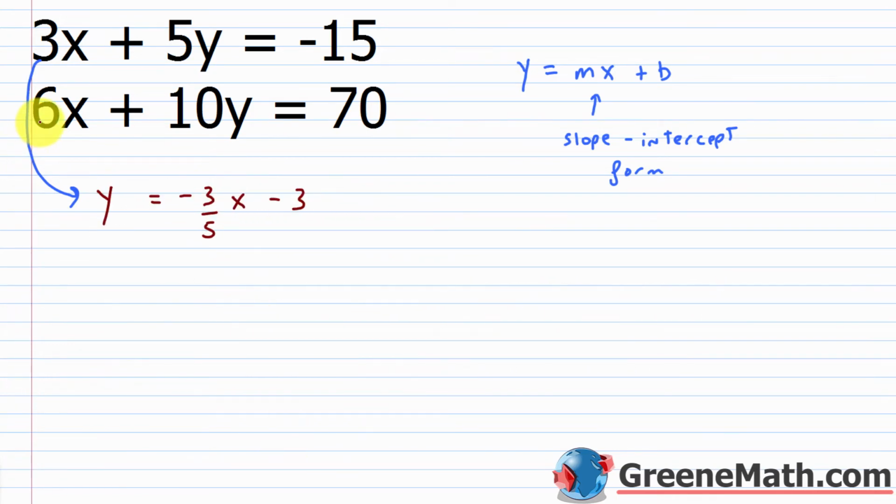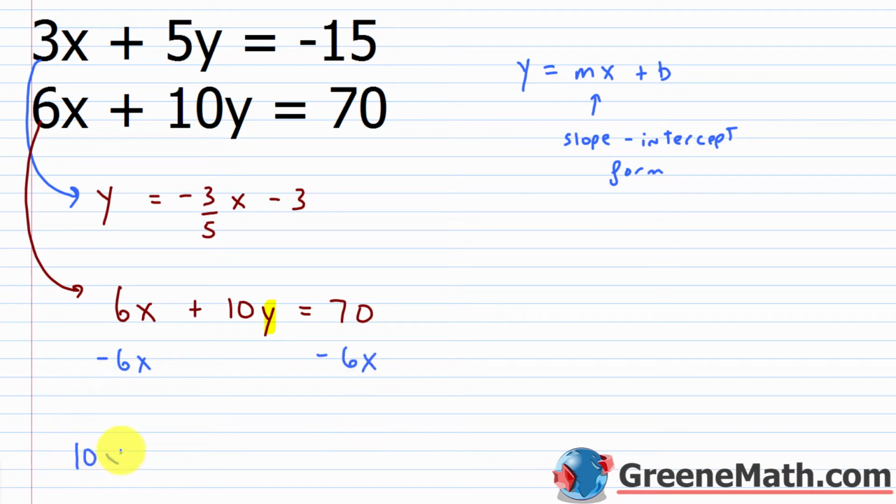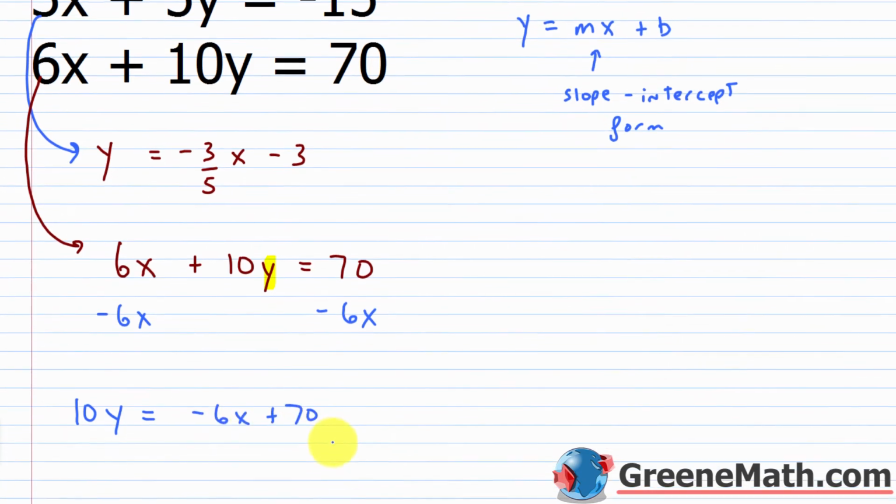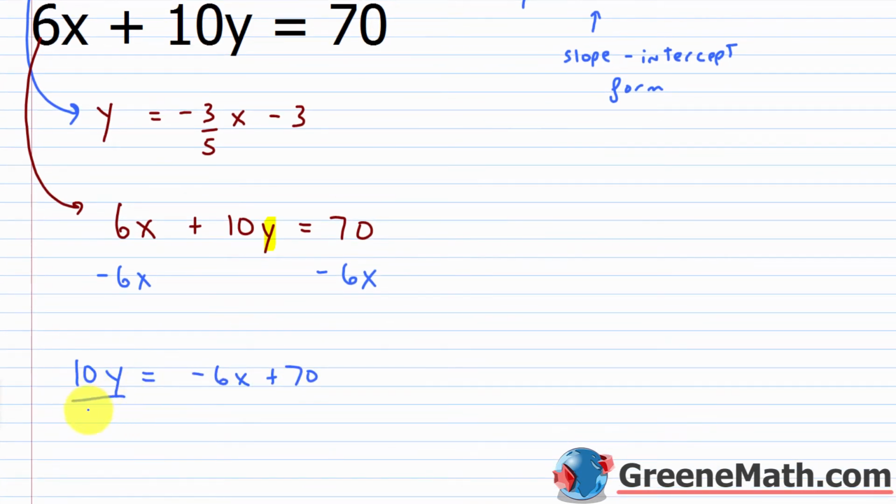Okay, let's take a look at this one now. So 6x plus 10y is equal to 70. To solve this for y, I'm going to subtract 6x away from each side of the equation. So that's going to give me 10y is equal to negative 6x plus 70. I want y by itself, so let's divide both sides of the equation by 10.